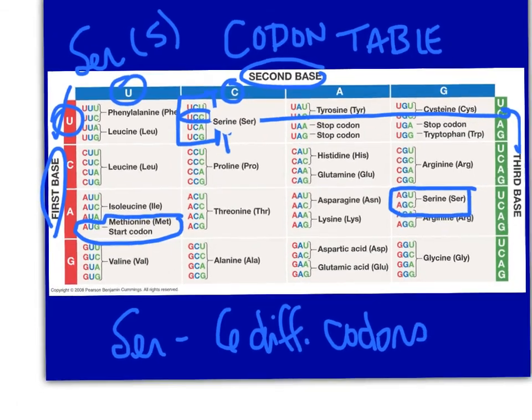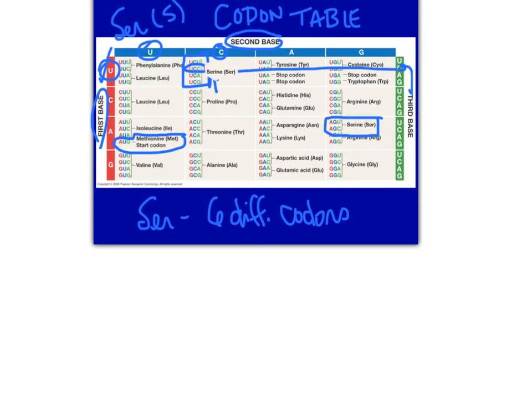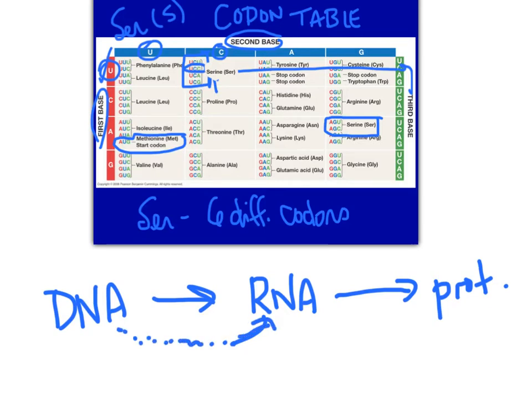DNA indirectly codes for proteins, because DNA gets transcribed into RNA, and then it is the RNA that gets translated into the protein. So ultimately, DNA is what is coding for the protein indirectly through this RNA.